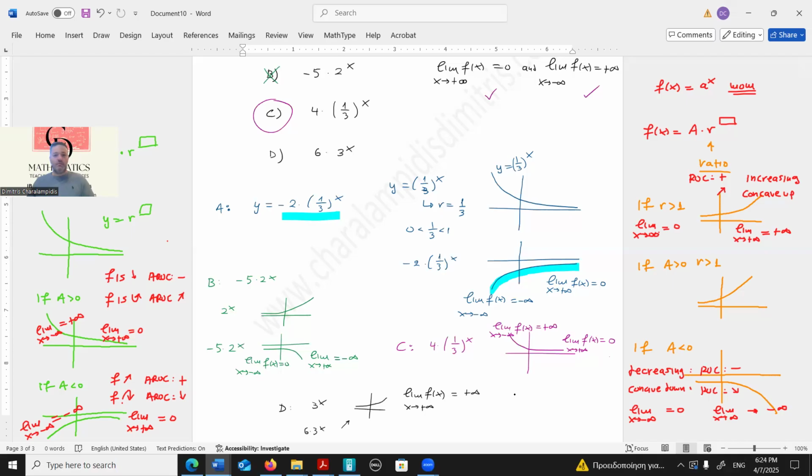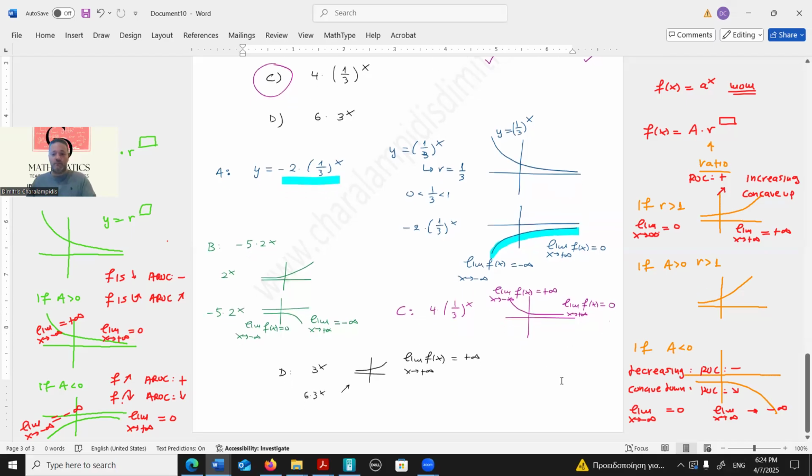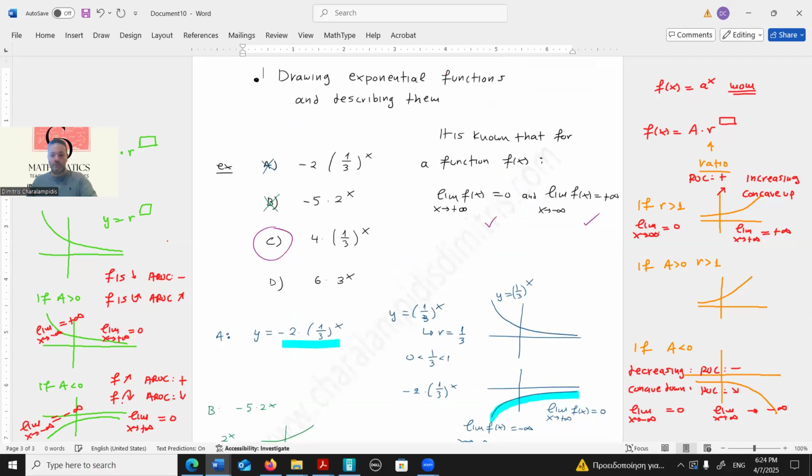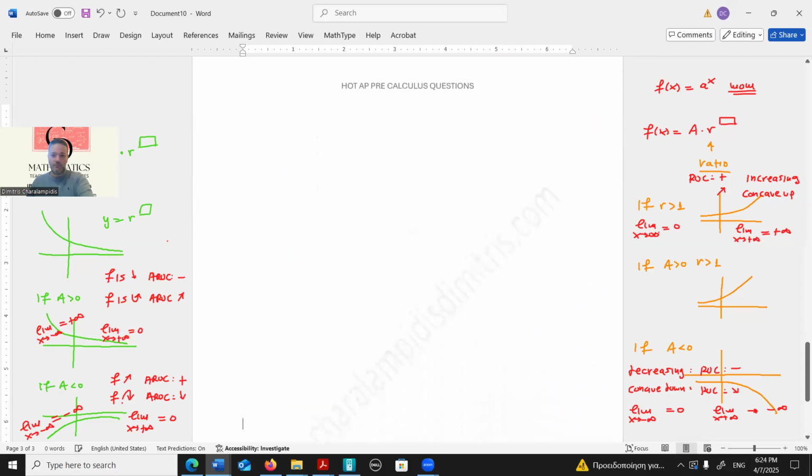Okay, so another one. Example number 2. K of x is minus 5 times 1/4 to the power of x. Which one of the following statements is the one correct for k?